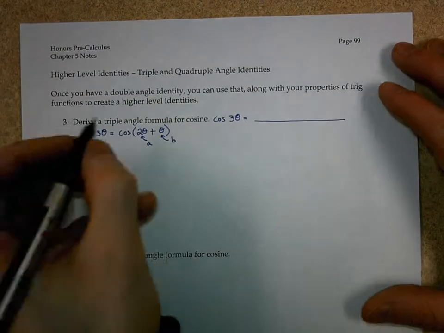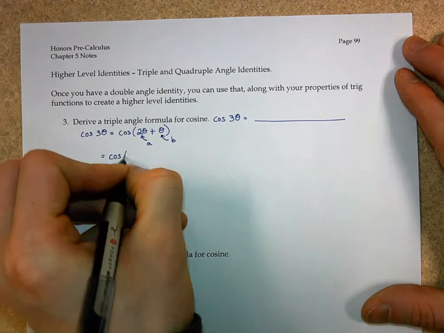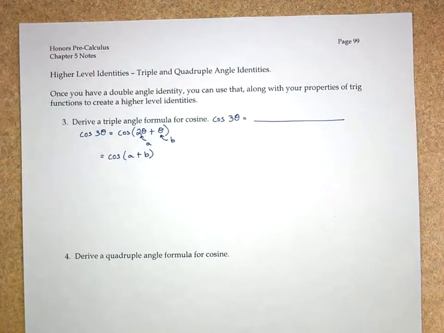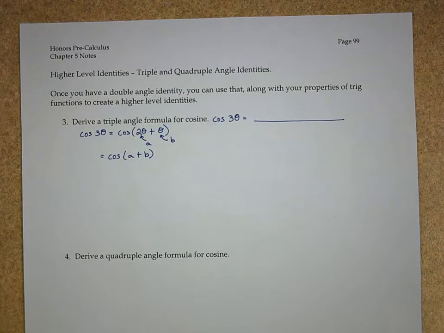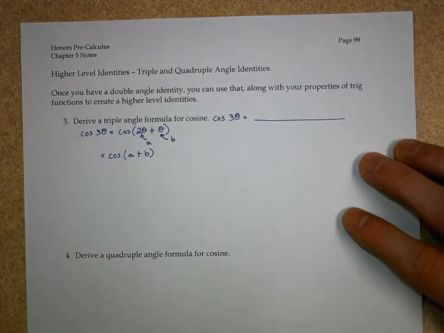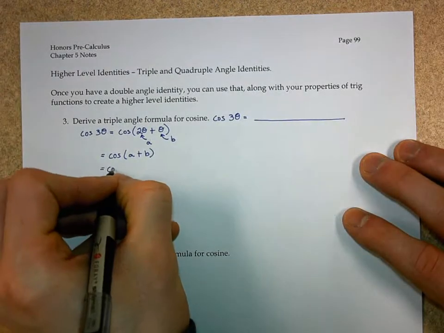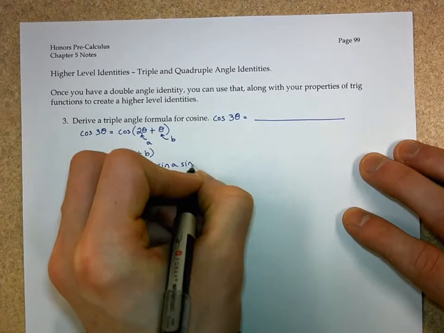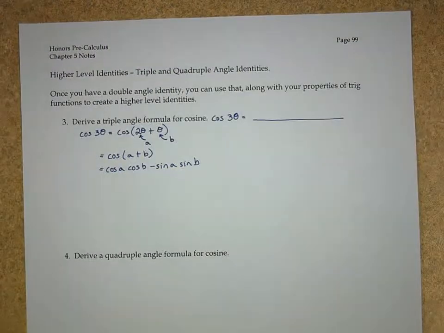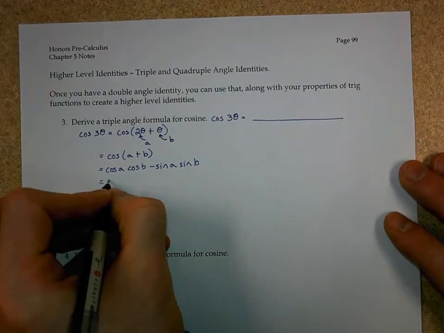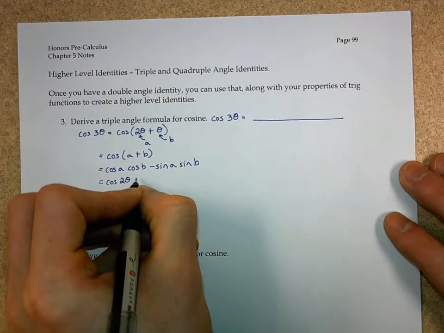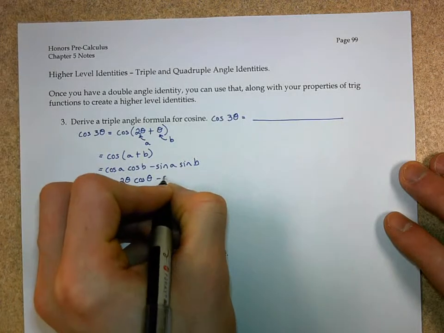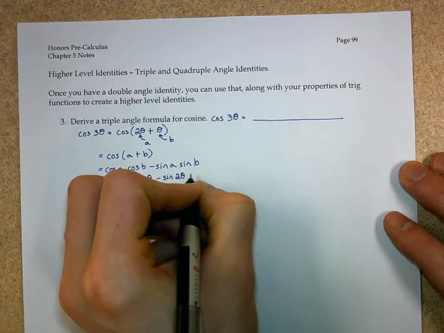So really what we're looking at here is the cosine of A plus B, where ultimately we plug in a 2 theta wherever we have an A and a theta wherever we have a B. So cosine of A plus B we know is the cosine of A, cosine of B, minus the sine of A, sine B, and we know A is 2 theta and B is theta.